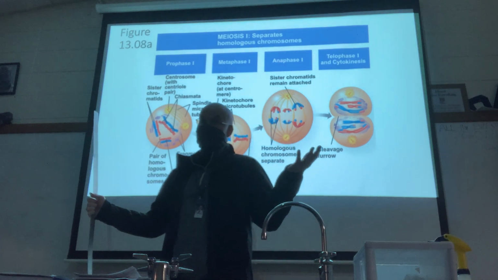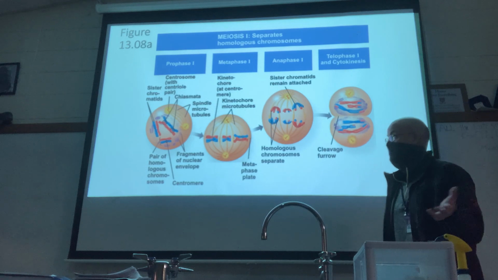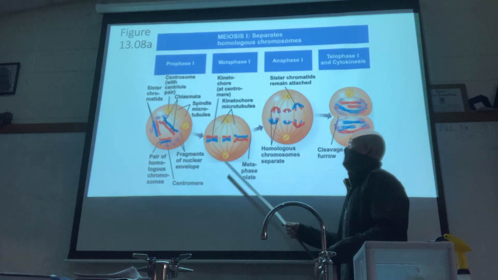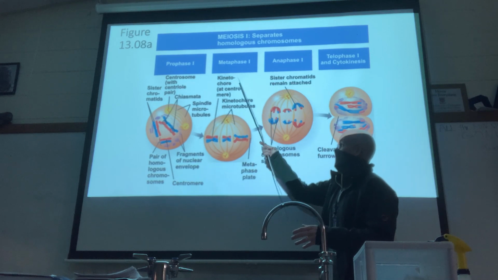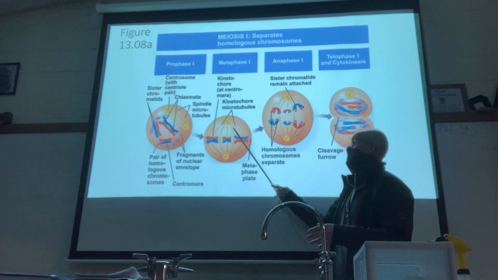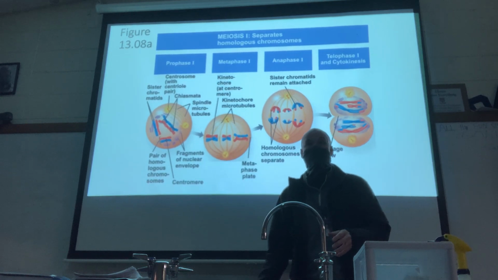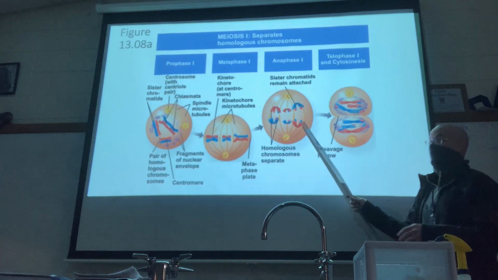And that always happens in metaphase. That was the case in metaphase in mitosis. So here in meiosis, at metaphase 1, these spindle fibers are going to start to attach to these chromosomes.